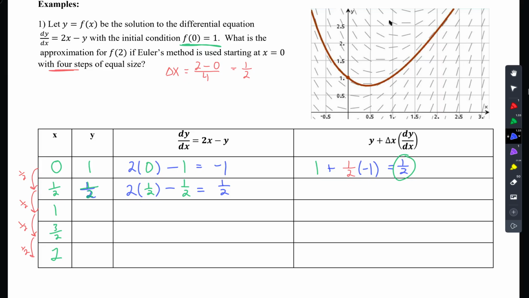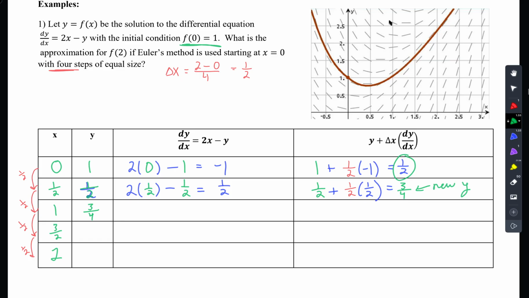Then following the steps, this is the population after a year, you take your half in for your y plus your step size times your rate. This is your new y, or your new population. So this is your 3/4. You put 3/4 there, and then you keep going.